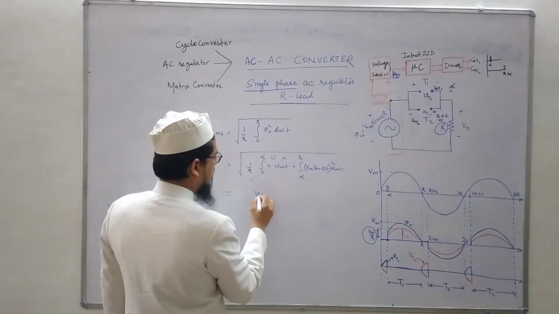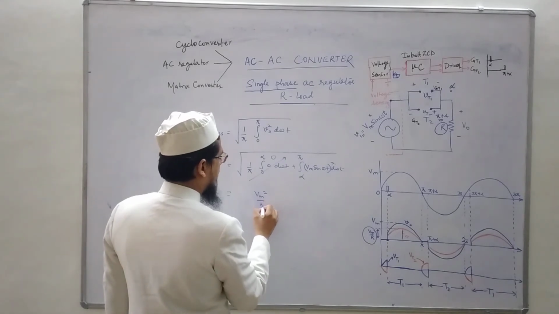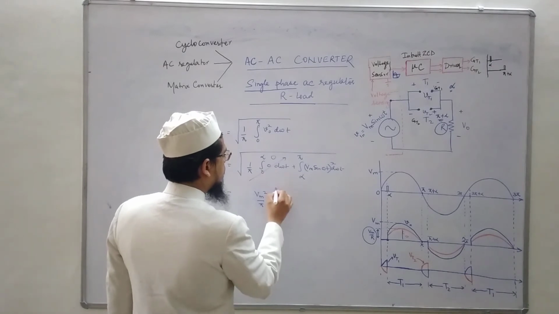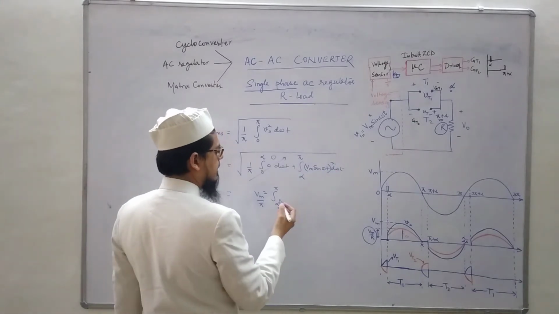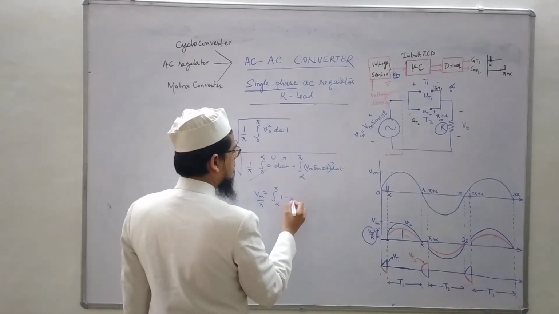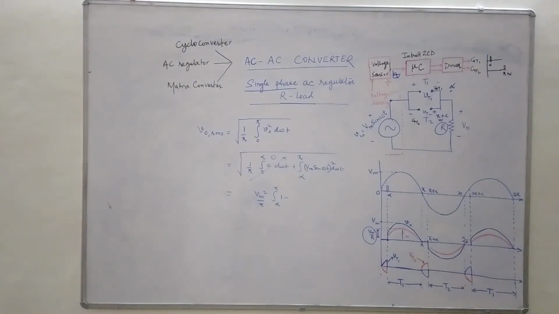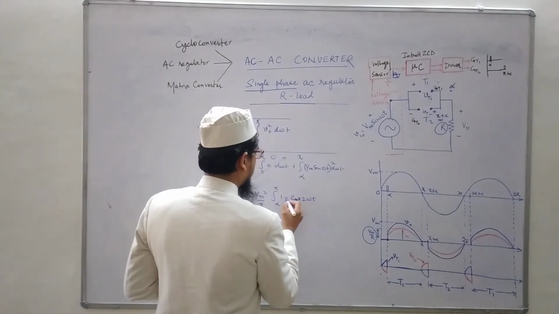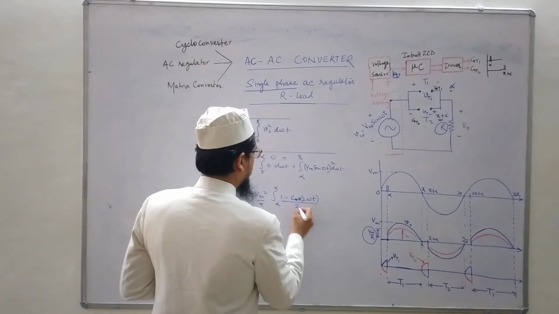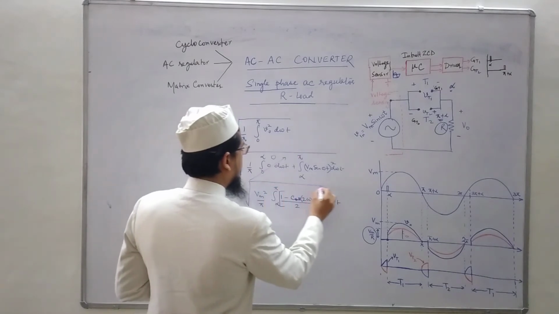I take Vm outside, so Vm squared, 1 by pi, and integration from alpha to pi of sin squared omega t. Sin squared omega t can be written as 1 minus cos 2 omega t, by 2, d omega t, and whole root.